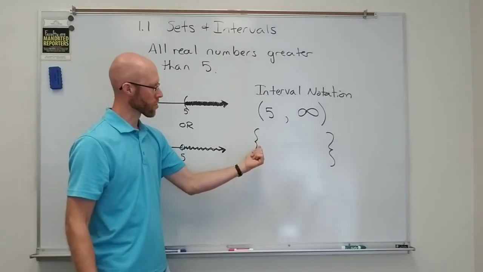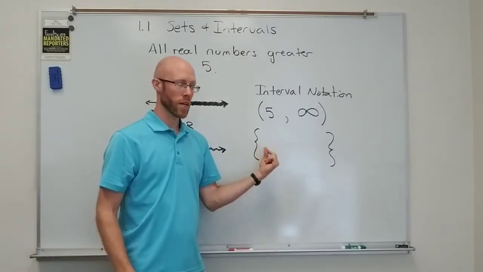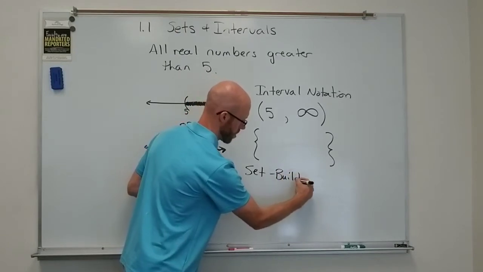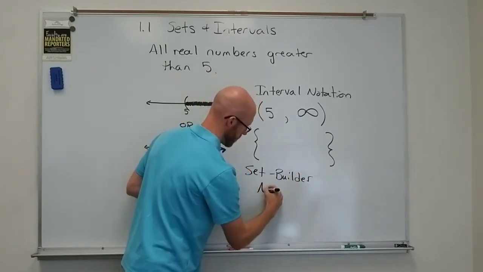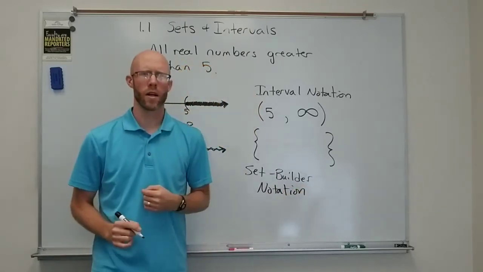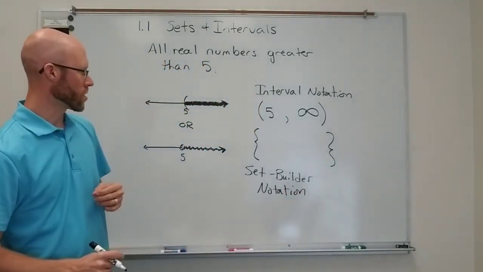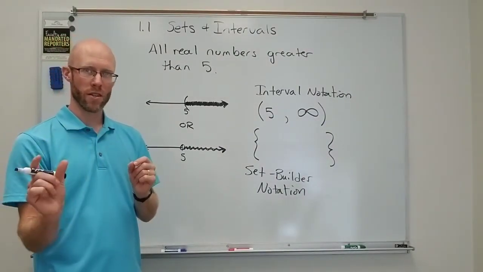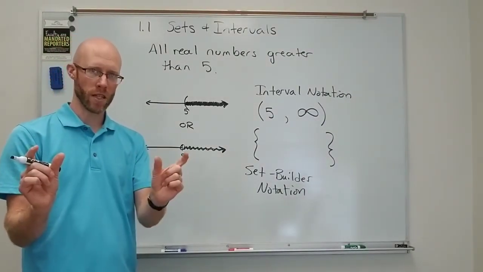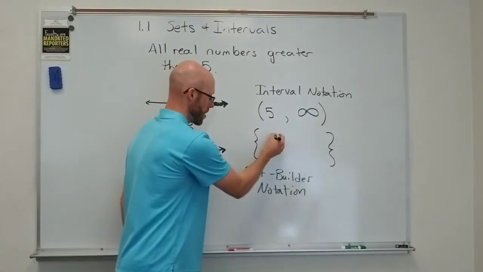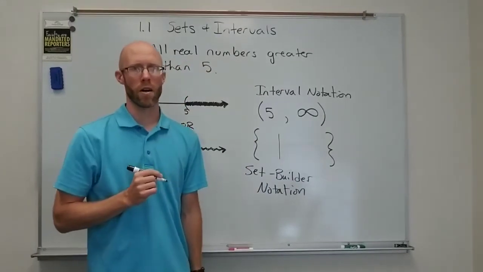And so instead, we're going to come up with a notation that we call set builder notation. Okay, and now in set builder notation, there are two key aspects. There's what's in the set, and there's the property that they have. Those key things are separated by a little vertical bar in the set.